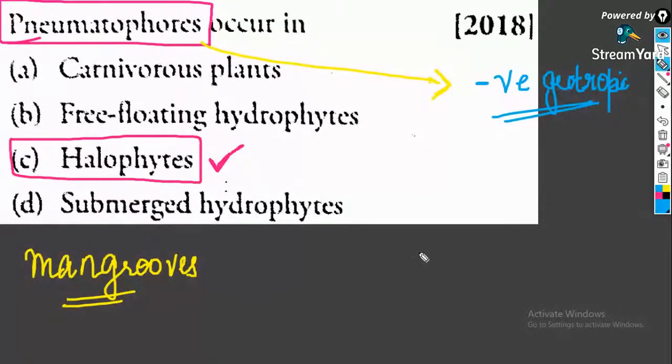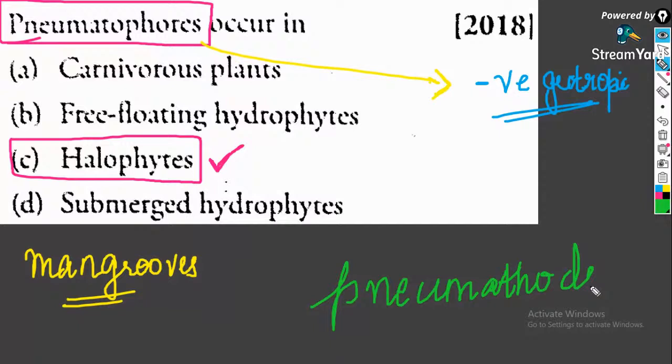You will call that particular lenticel as pneumathodes. Take down the spelling, pneumathodes. And what is the function of pneumathodes? For uptake of oxygen. Uptake of oxygen is the function of pneumathodes.